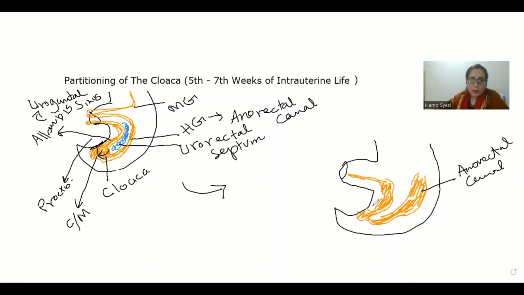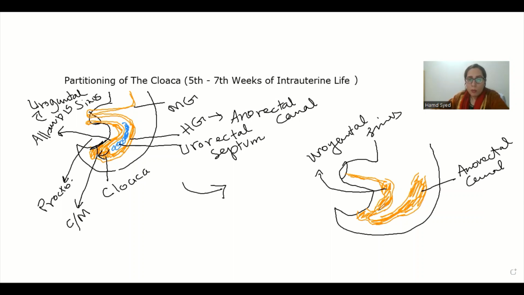And this allantois has now dilated and formed the urogenital sinus. The urogenital sinus will eventually form the urinary bladder and the urethra. Its upper part is dilated to form the urinary bladder and the lower part is still narrow and forms the urethra.